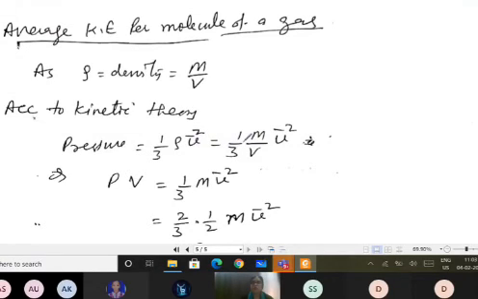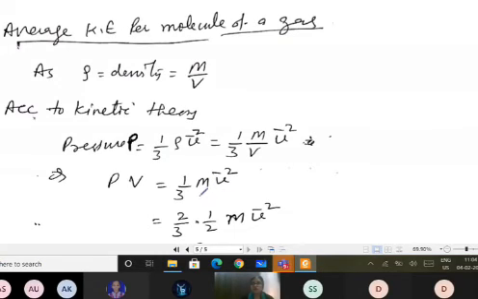Then I can write the value for this density, which is mass upon volume. So I can rewrite the formula as 1 by 3 m upon volume into v bar square. This is for velocity. So you can write PV, because pressure I denoted by P. So PV is equal to 1 by 3 mv square.